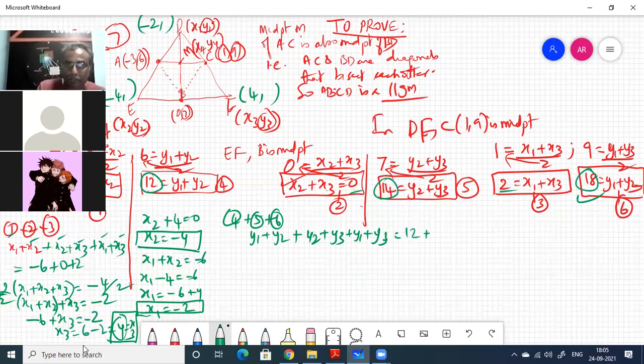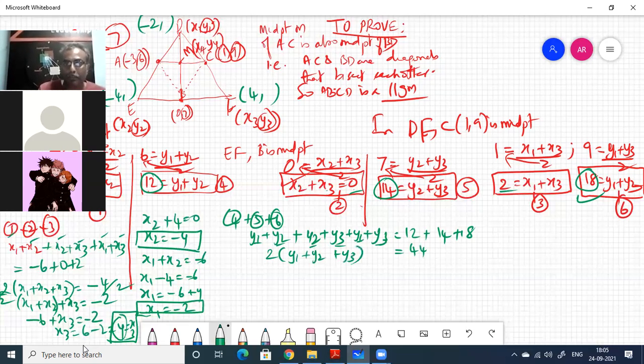12 plus 14 plus 18. 18 plus 14 is 32, 32 plus 12 is 44. So it equals 44. Here, 2 times y1, 2 times y2, 2 times y3: 2 into (y1 plus y2 plus y3).